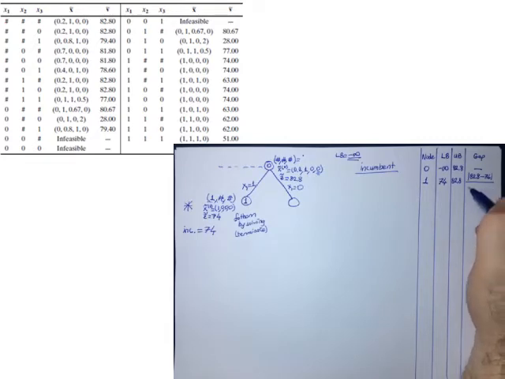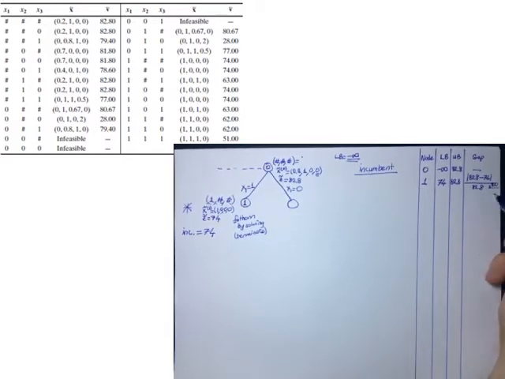In this case, best possible is 82.8. So it is upper bound minus lower bound divided by upper bound. For maximization and minimization, there is a difference here. And we multiply this by 100 to find its percentage, and it makes 10.6%.